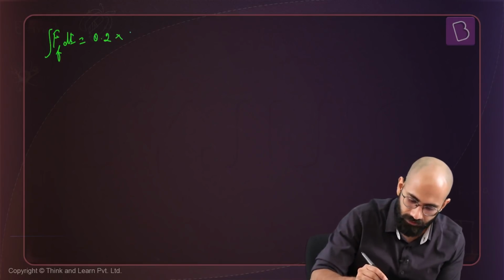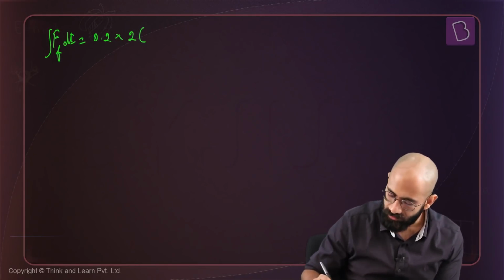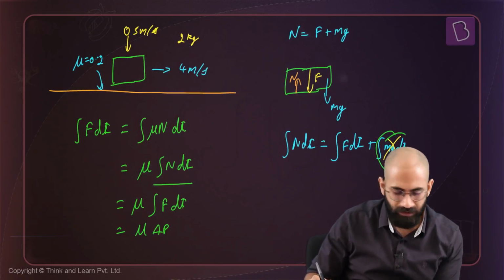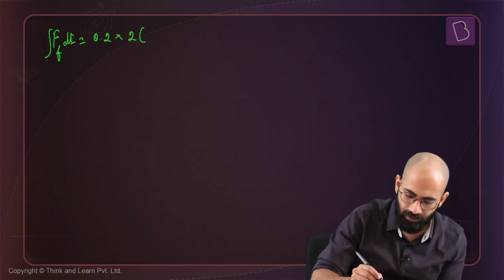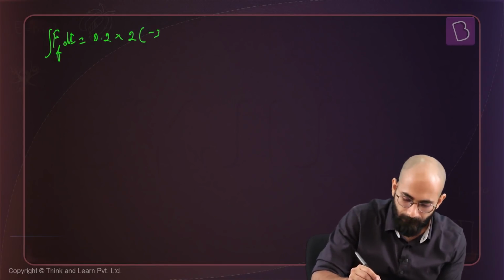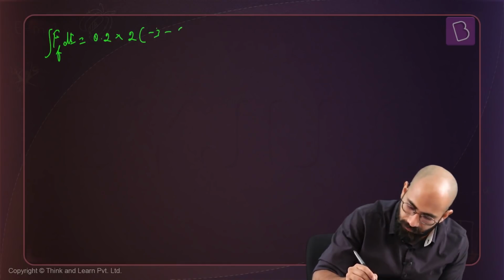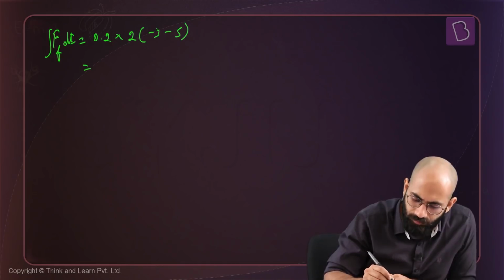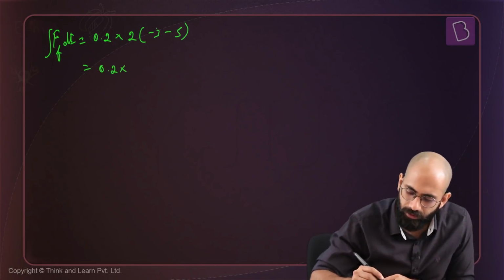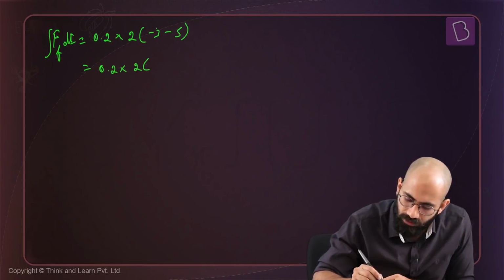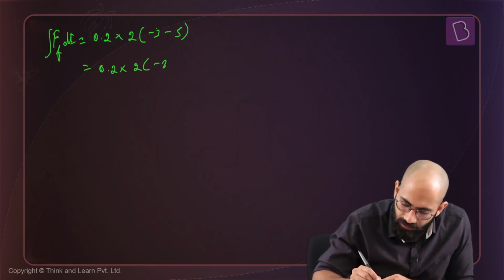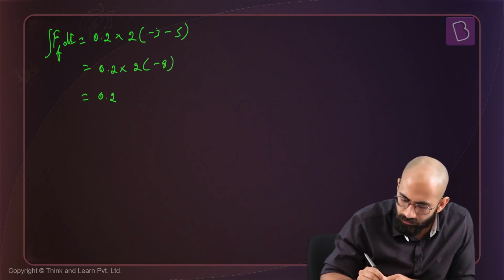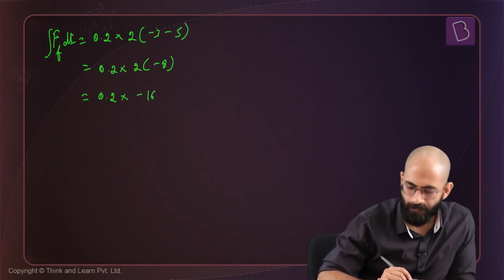Mass is 2 kg, so 2 into change in velocity. If downward is positive, then final velocity is coming up with minus 3, minus initial velocity, which is 5 in the downward direction. So this will be equal to 0.2 into 2 into minus 8, which is equal to 0.2 into minus 16.